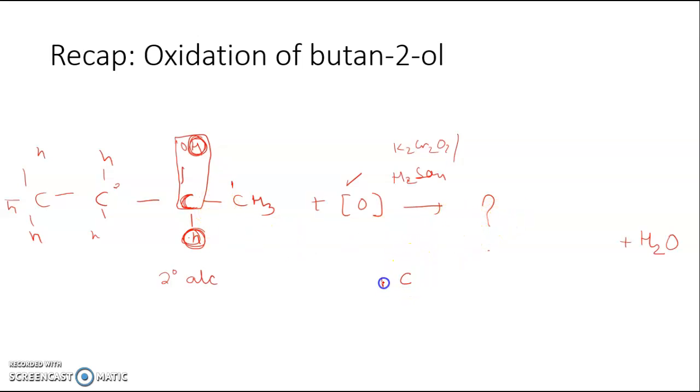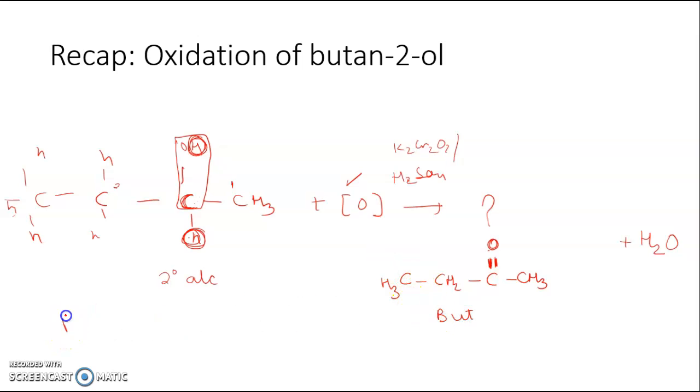So what we left out here, if I just write, we've got CH3, then we've got CH2, then we're left with no carbon. On this carbon, we're left with no hydrogen and 1 oxygen here. Now we know oxygen should now have a double bond, so I'll put a double bond to that, and then I've got CH3. So this one is 1, 2, 3, 4 butane.